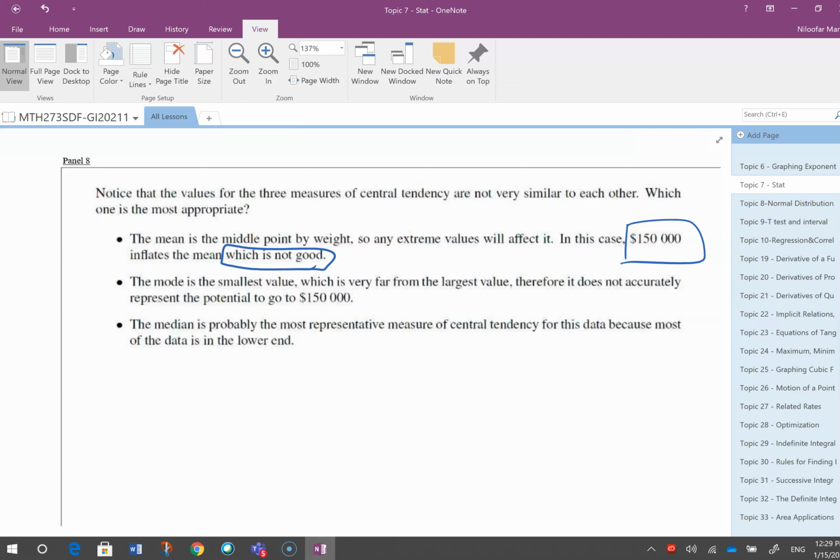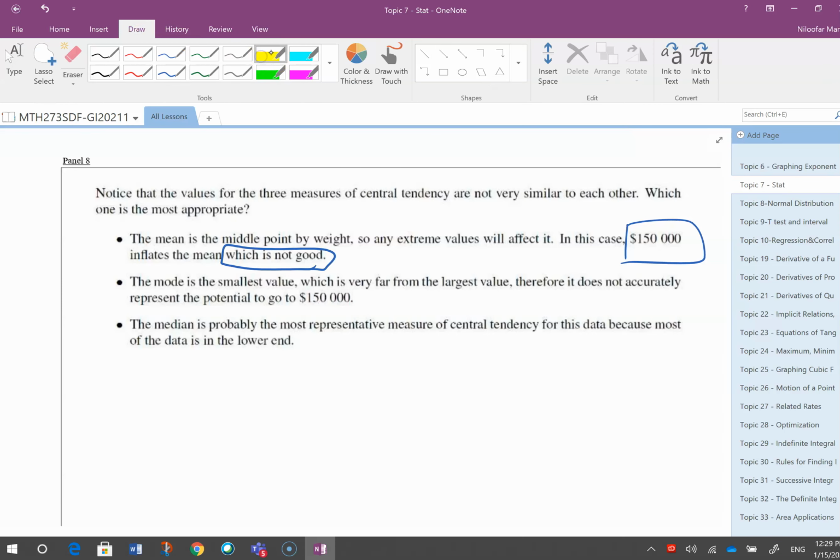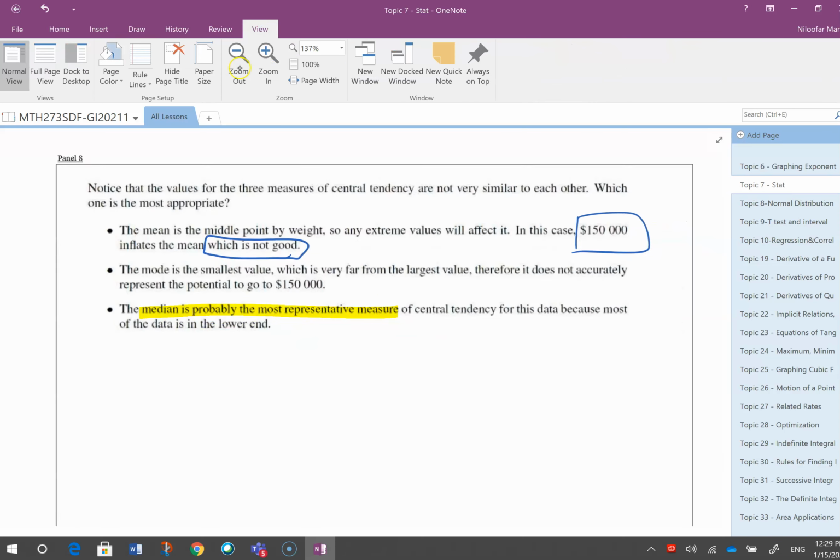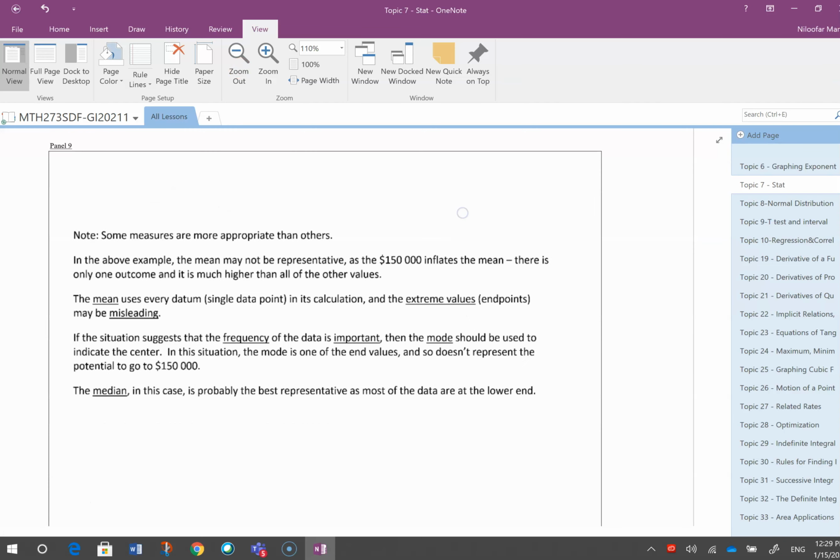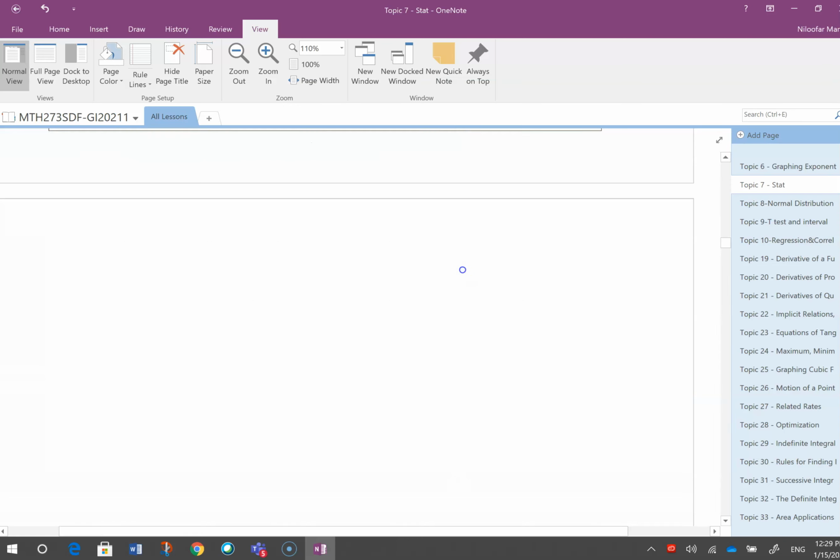The median is the best representative because it's close to 4 of them, so almost just in the center. So I zoom out and then I continue. Again it's continuing, just explaining the same thing here.